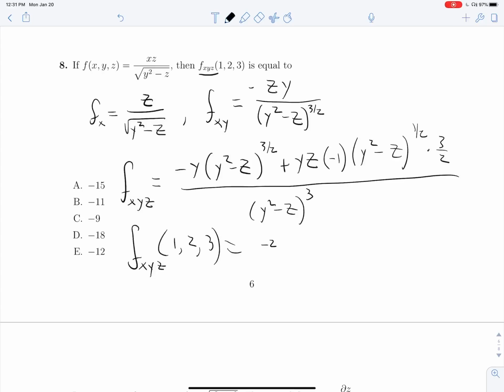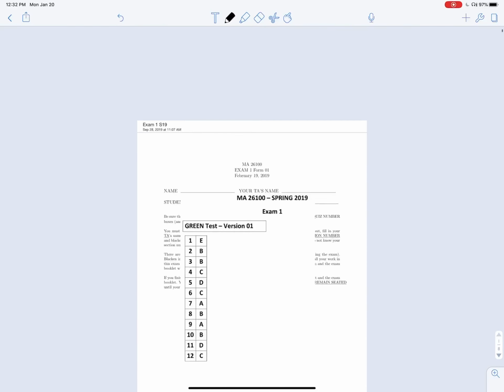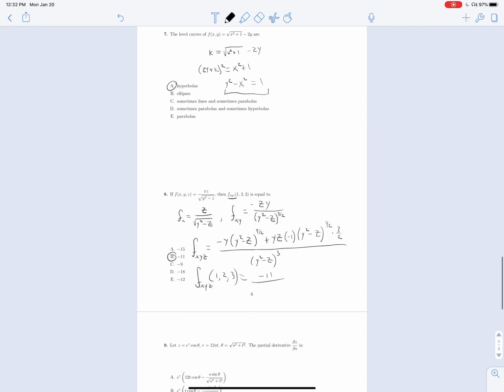So negative 2 times 1 plus yz, so 6 times negative 1 is negative 6, times square root of 1 times 3 over 2. So our whole numerator should be negative 11, all divided by 1. Okay, is our answer B? 8? Oh my God, 8 is B.